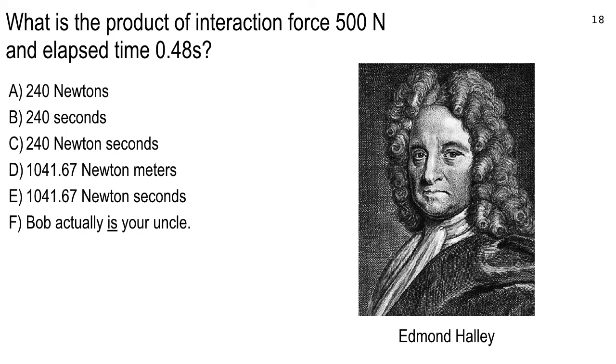Product means multiplication. And yeah, I see a bunch of you with your calculators out. You can do it in your head if you think about it, but if you have a calculator, may as well use it.